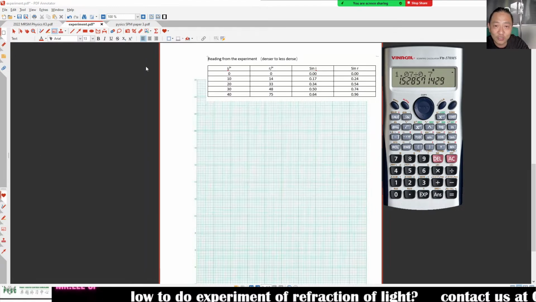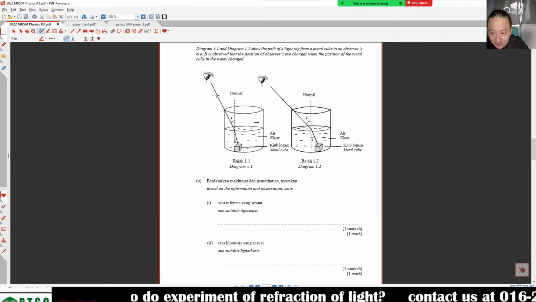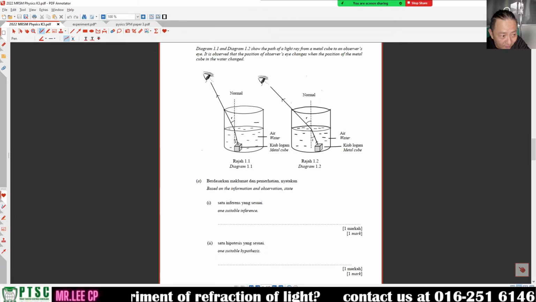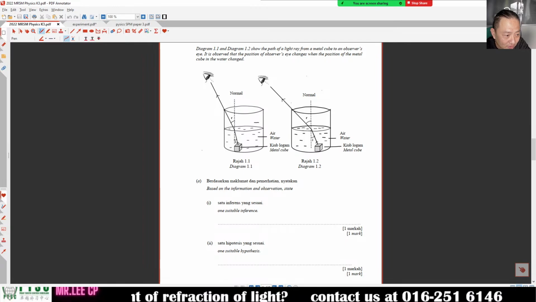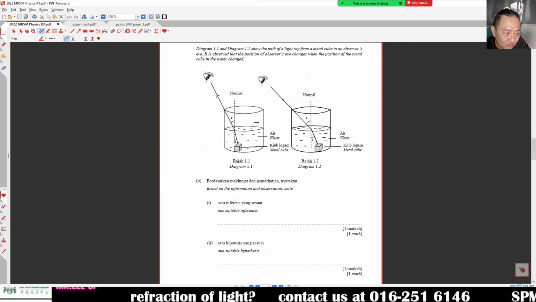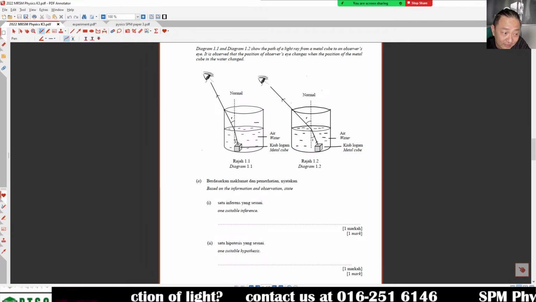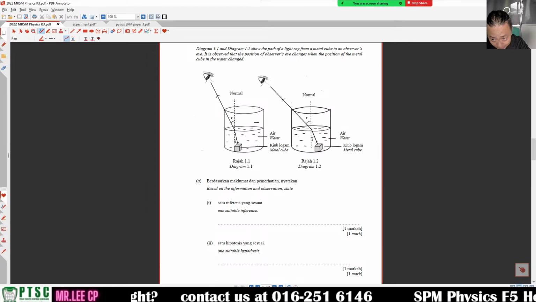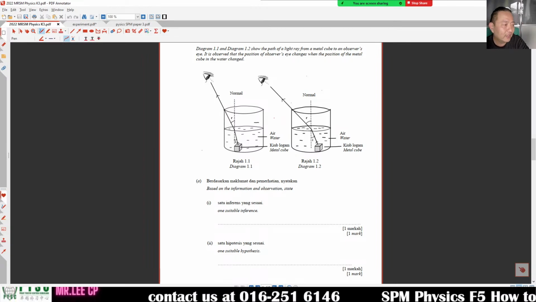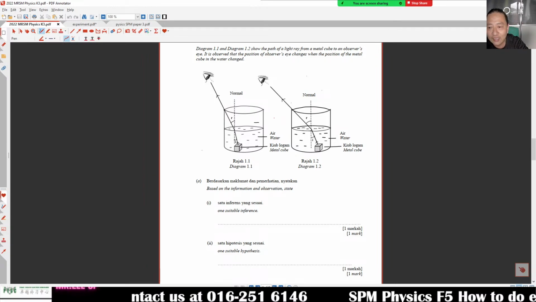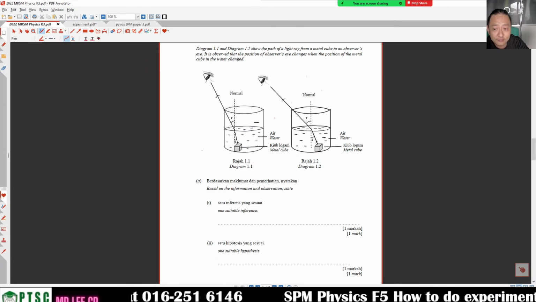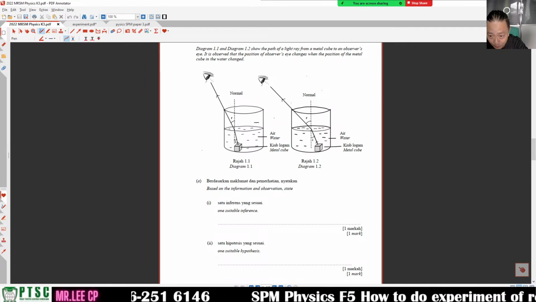Okay, come back to Fiona. You asked me about the question, Cikgu, how the question asks whether we need tensor to lesson. Okay, see here one more time. See properly. The light travels from what to what? Answer me. The light travels from where to where? See properly and answer me.